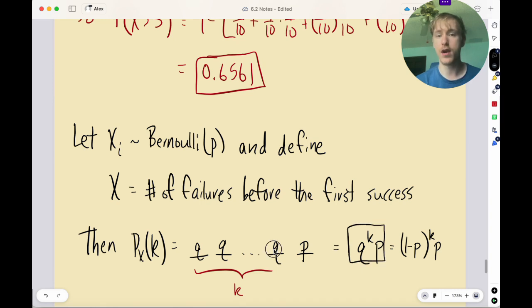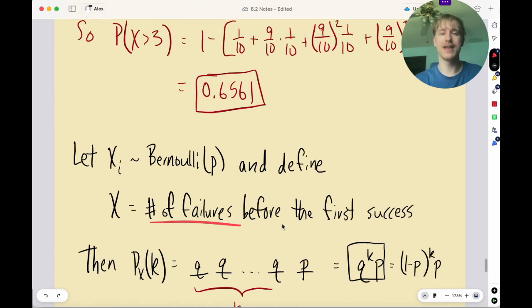The other thing that I want to mention before you get mad at me, occasionally this is defined not as the number of failures before the first success, but the number of trials before the first success.